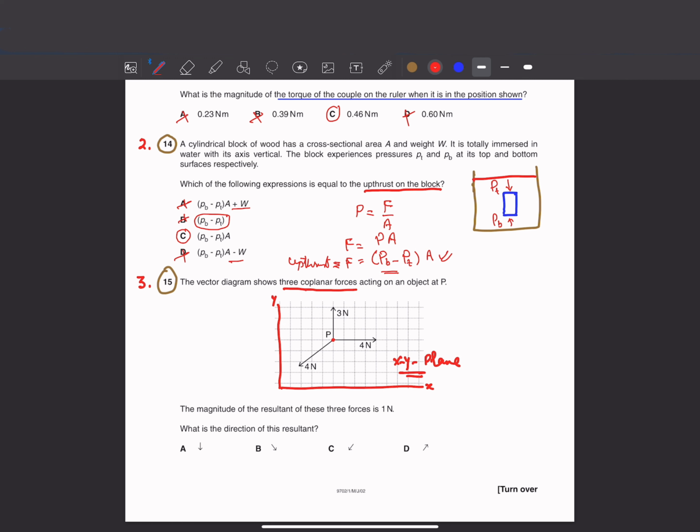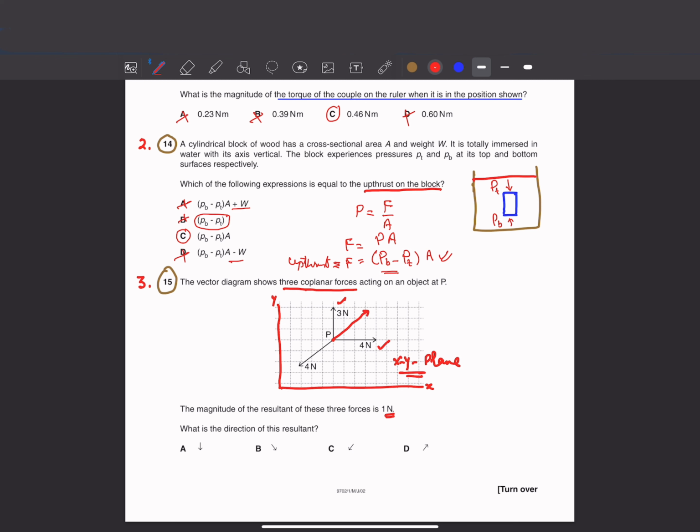Here one thing is very simple. They are asking: the magnitude of the resultant of these three forces is 1 Newton. What is the direction of this resultant? So the simple thing is that you can calculate the resultant of these two forces, because these two forces are perpendicular, and you know how you can calculate the result, which will be somewhere here.